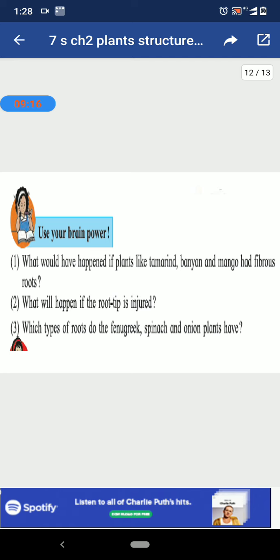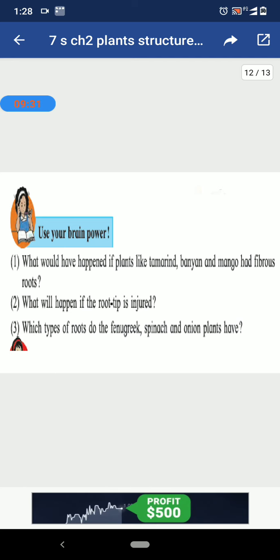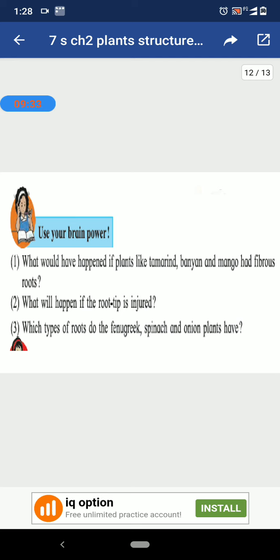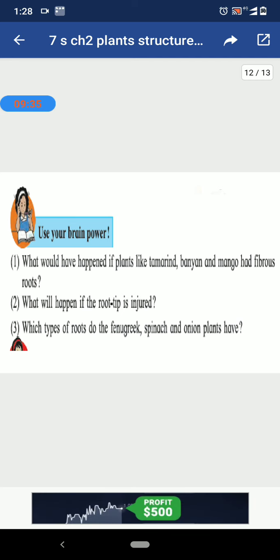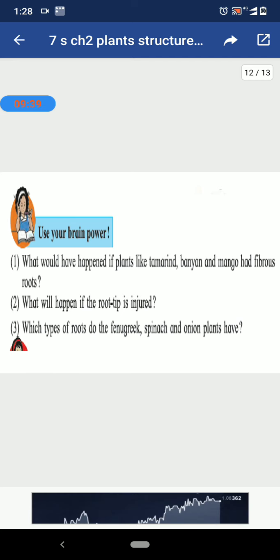Since they are fenugreek seeds, you know that they are dicotyledons. Of course, they will have taproots. But though they have a taproot, it will not penetrate deep, as in the case of tamarind, banana and mango, because the plants are of short height, and when they grow leaves of enough height, they get uprooted.